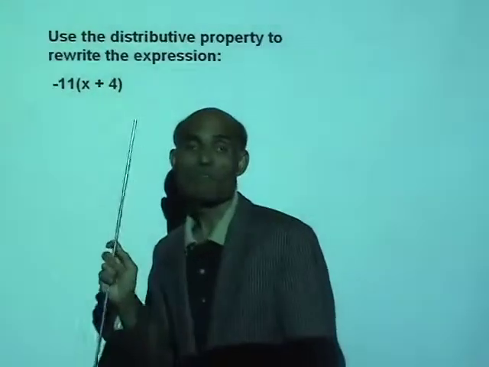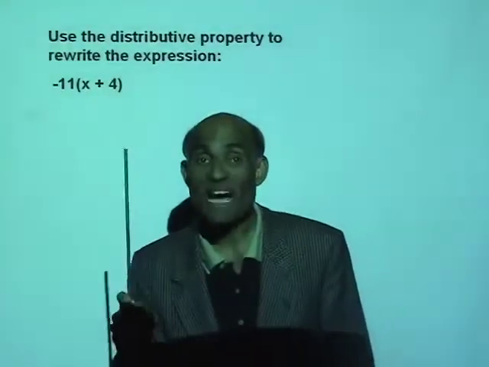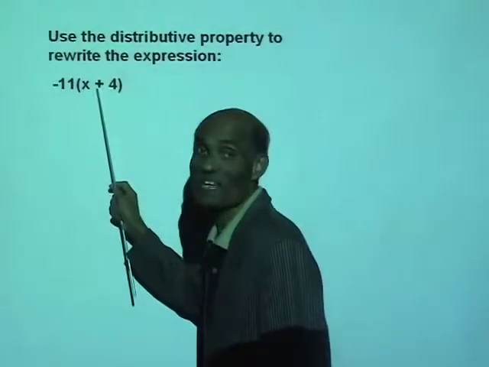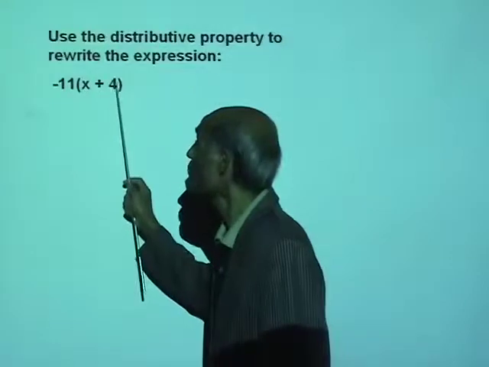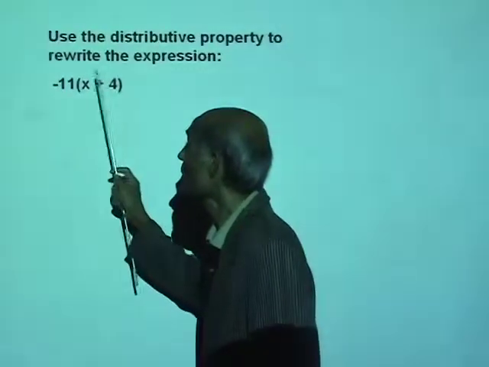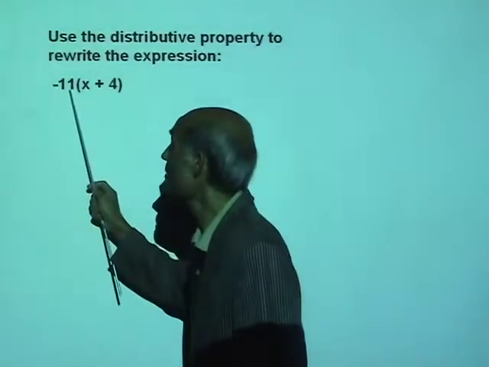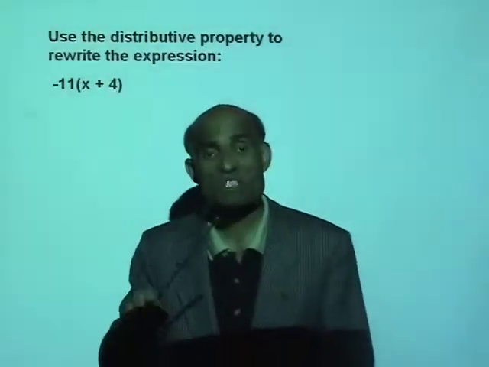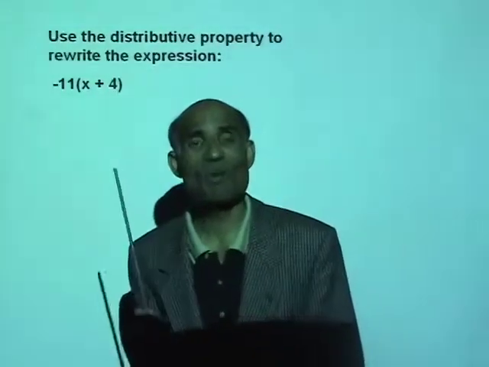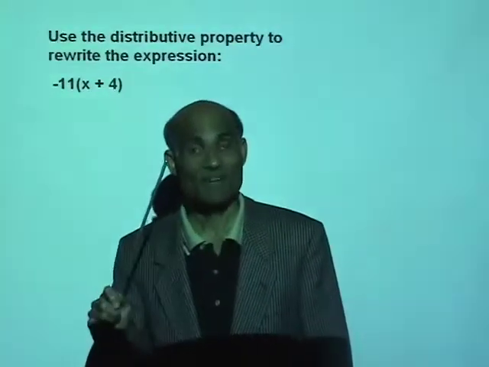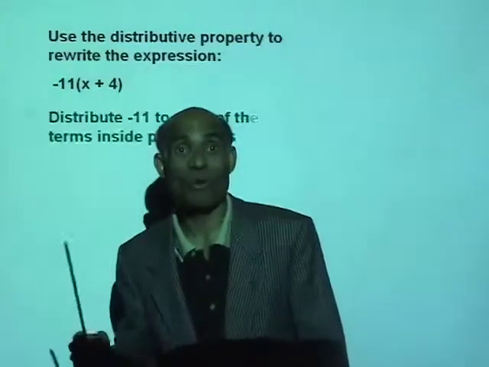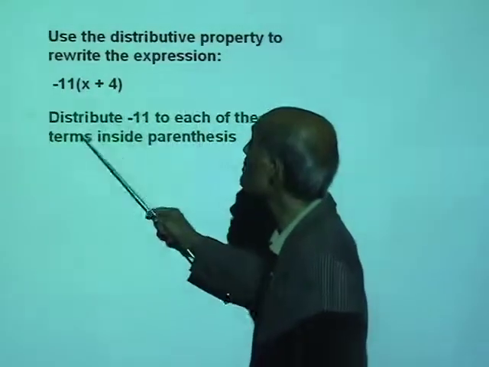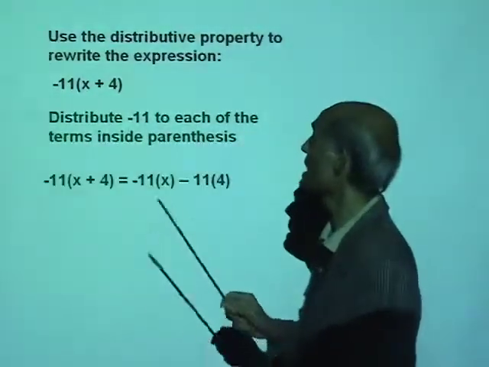You see, always you look for the sign of a number. The sign of a number is the sign that appears before it. This 4 is positive. Multiply negative 11 with positive 4. What is negative 11 multiplied by positive 4? It will be negative 44. So distribute negative 11 to each of the terms inside.